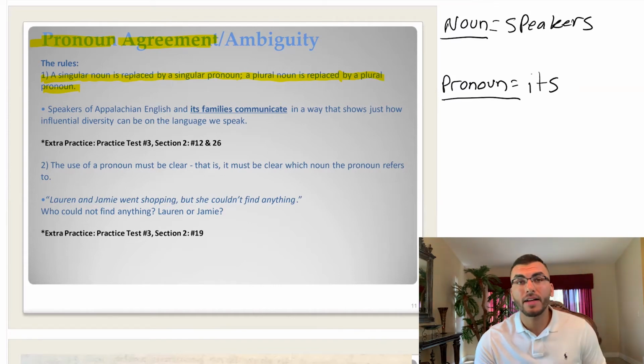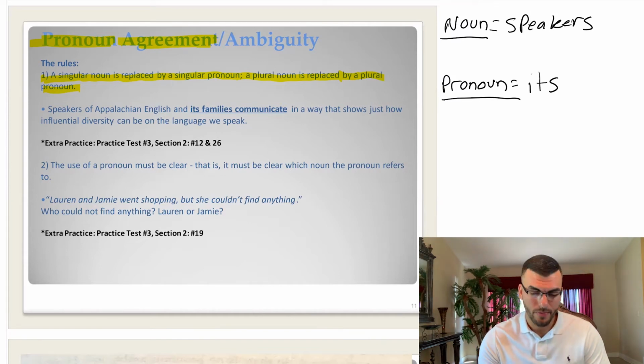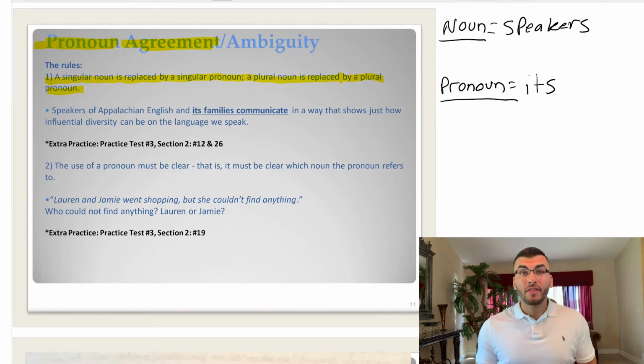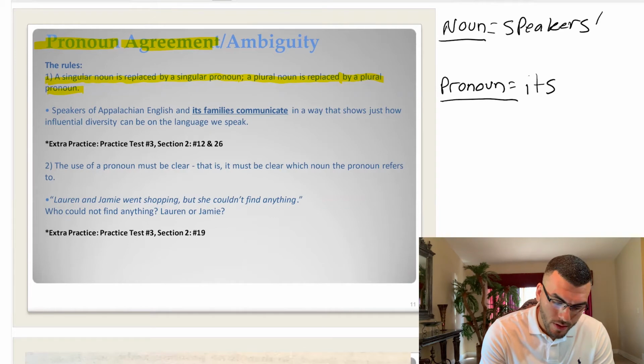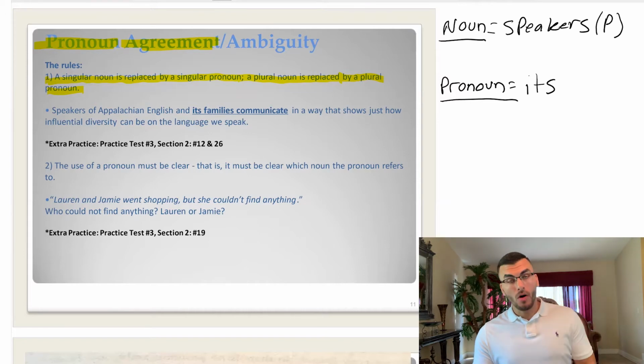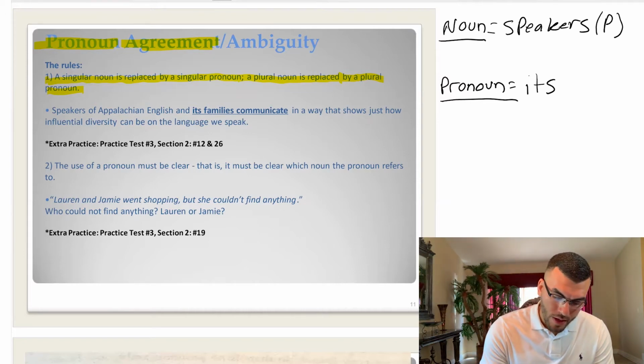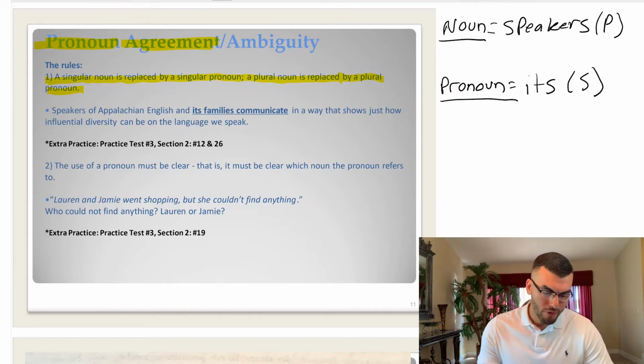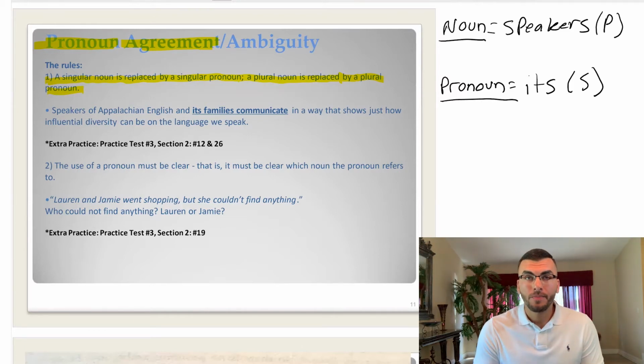So now that we've identified that, what's the next thing that we do? We have to identify whether they're singular or plural. So speakers, that's plural, that's multiple people. Its, is its referring to one thing or multiple things? Its is a singular pronoun. So are they in agreement with each other?